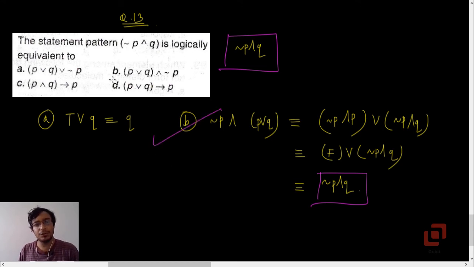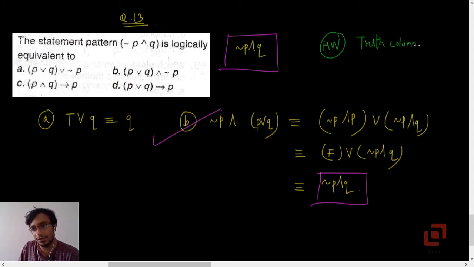Now just in case you don't get option B, then you have to continue with C and then with D. For practice, what you can do is you can construct the truth columns for all 5 statements.